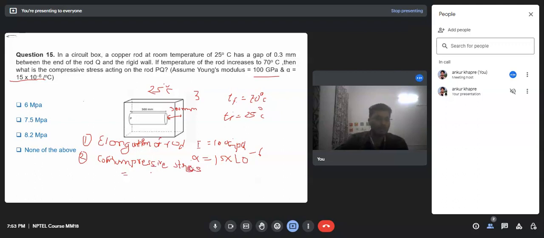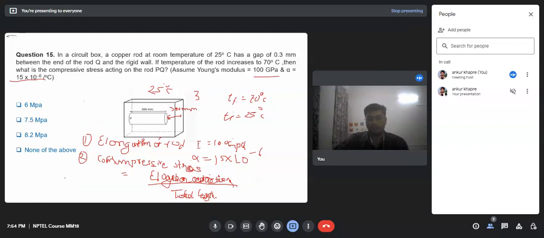That is epsilon, and that will be equal to the elongation restriction upon total length.